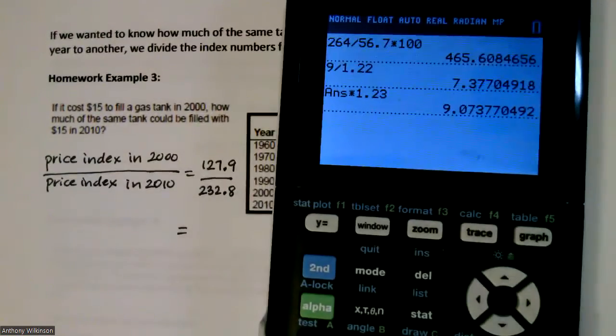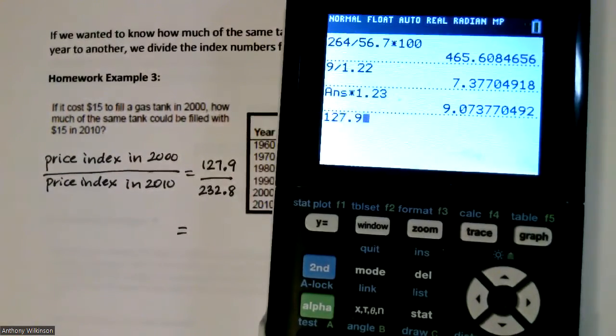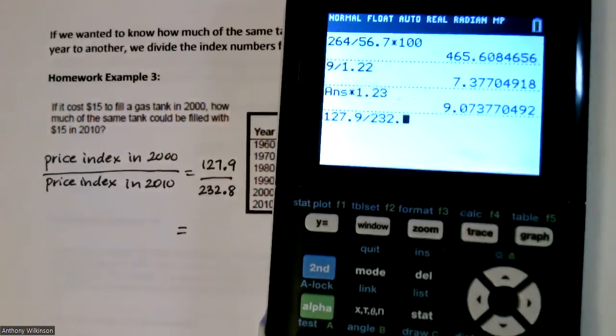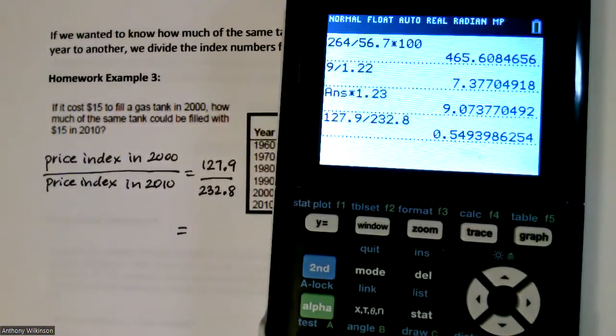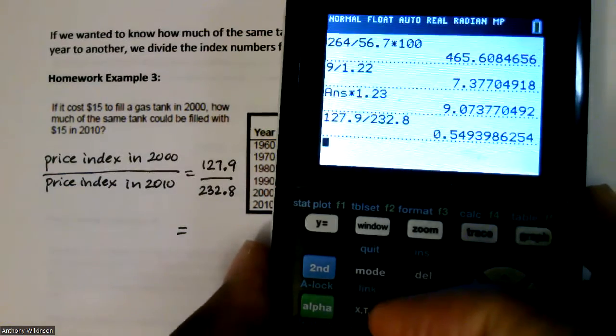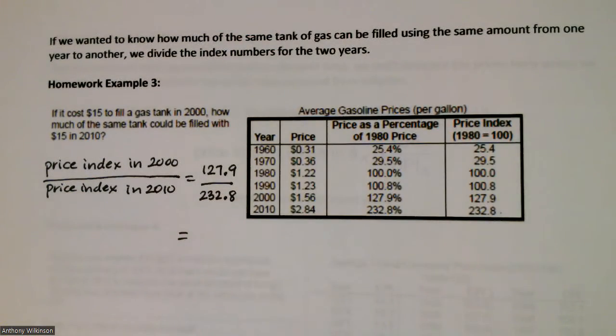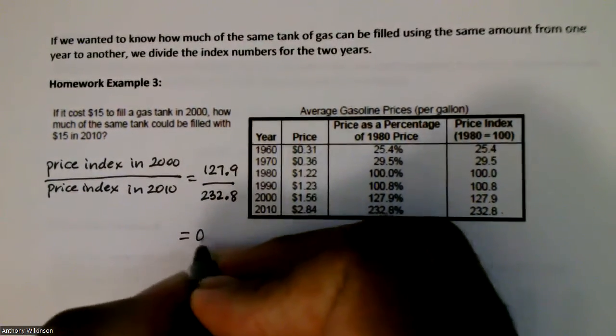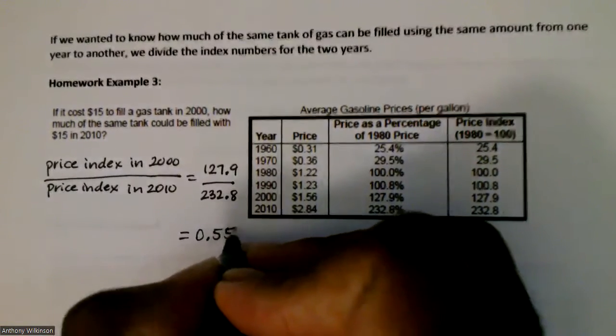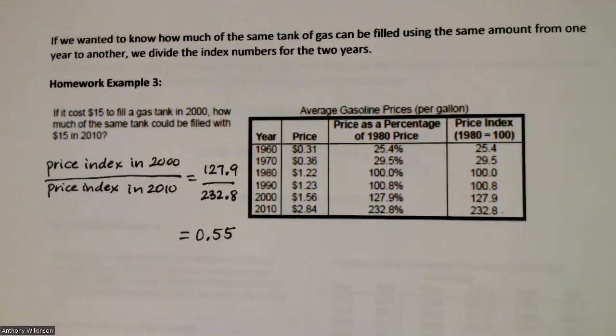And we're going to round the final answer to 2 decimal places. So 127.9 divided by 232.8. To 2 decimal places, this will be 0.55.